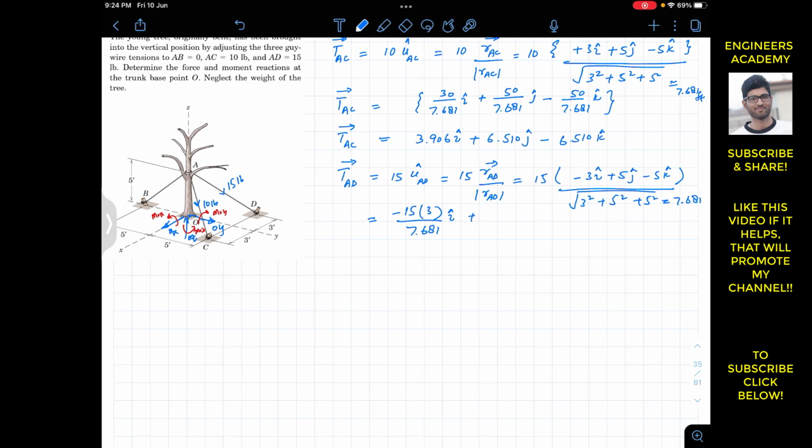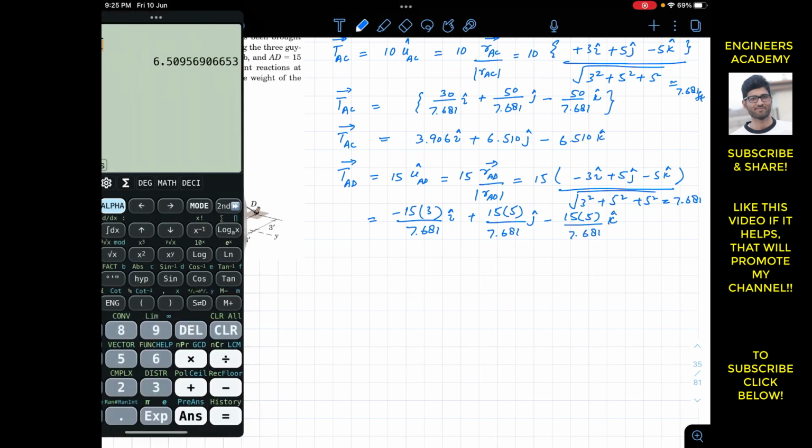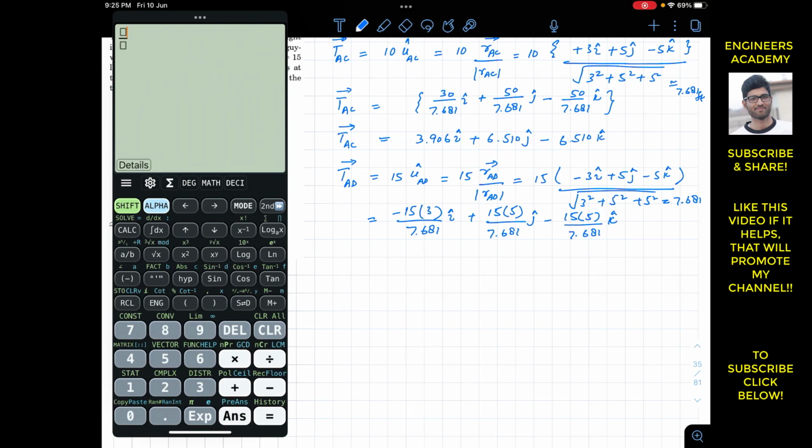Then we will have plus 15 into 5 divided by 7.681J, and then minus 15 into 5 divided by 7.681K. So now let's find all these. This is 15 multiplied by 3 divided by 7.681.